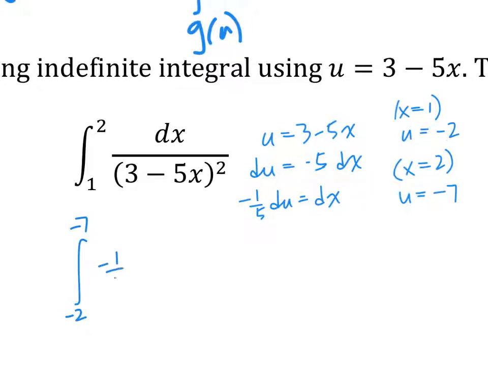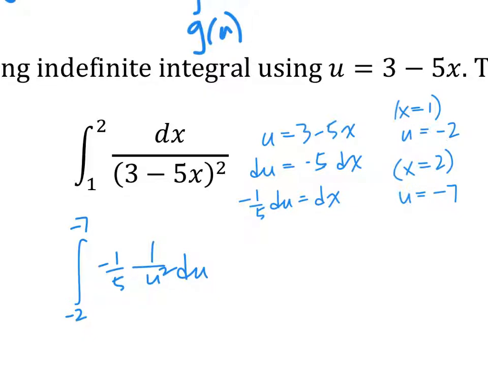This is negative 1/5, 1 over u squared du. All right, can we integrate like that as is? Yes. So the limit is from negative 2 to negative 7. Can we evaluate in that direction?